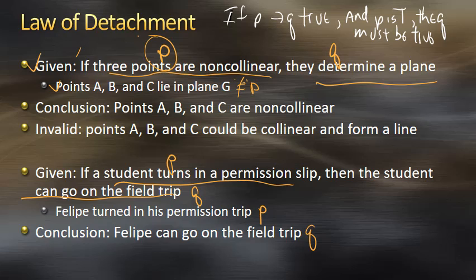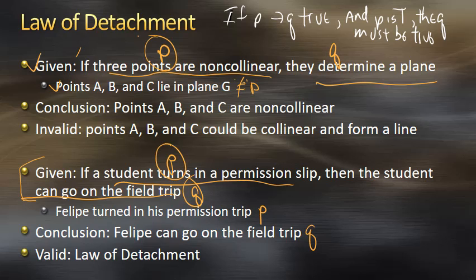And so according to the law of detachment, this is a valid conclusion because in our original conditional statement, we've got identification of the hypothesis, we've got identification of the conclusion, and then what we're asked to evaluate does match our hypothesis, and the conclusion does match our conclusion, and therefore we can say that this is a valid conclusion based upon deductive reasoning and the law of detachment.